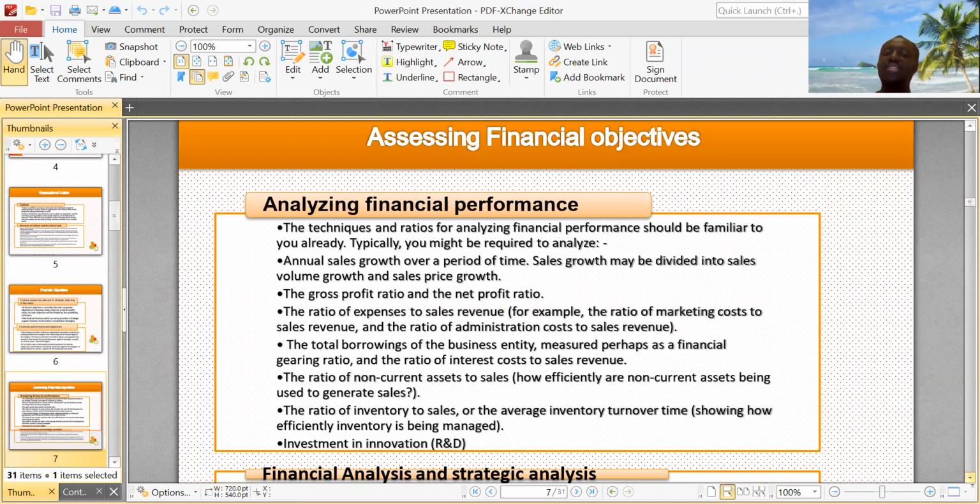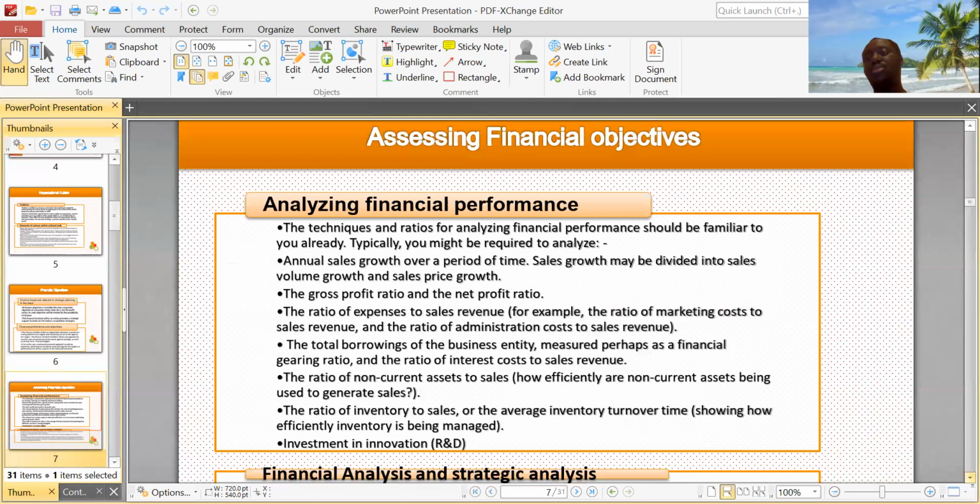Now let's talk about analyzing financial performance. The techniques and ratios that are used for analyzing financial performance should be familiar to you already, right? There are a lot of techniques that we use. We talk about, for instance, annual sales growth over a period of time. So how do we calculate annual sales growth?